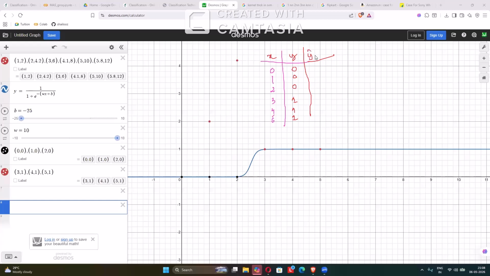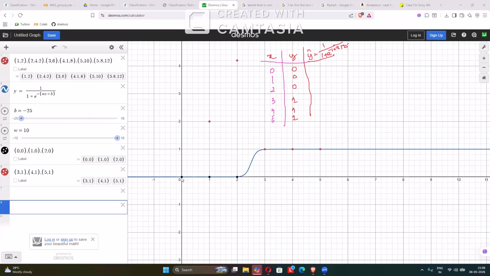And what is y cap? Y cap is nothing but 1 by 1 plus e raised to minus (10x plus 25). So if you substitute the x value 0 into this equation, what is the mapping?